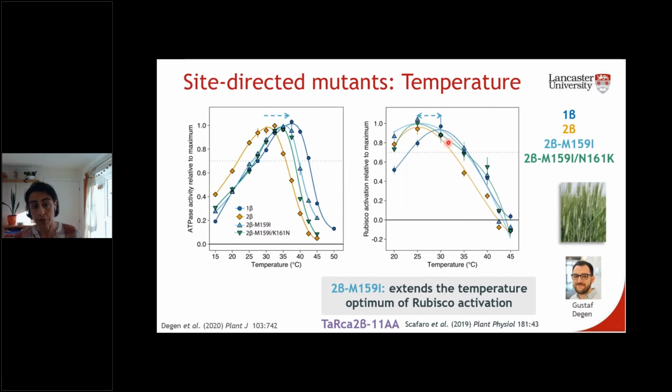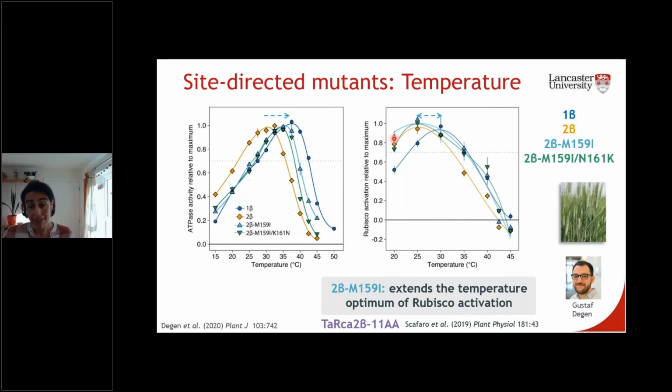In terms of Rubisco activation, what happened was actually that the mutant proteins, which are here in the light blue and turquoise colors, were more active than the isoform that had the lower temperature optimum. But they also maintained relatively high activity at the cooler temperatures.